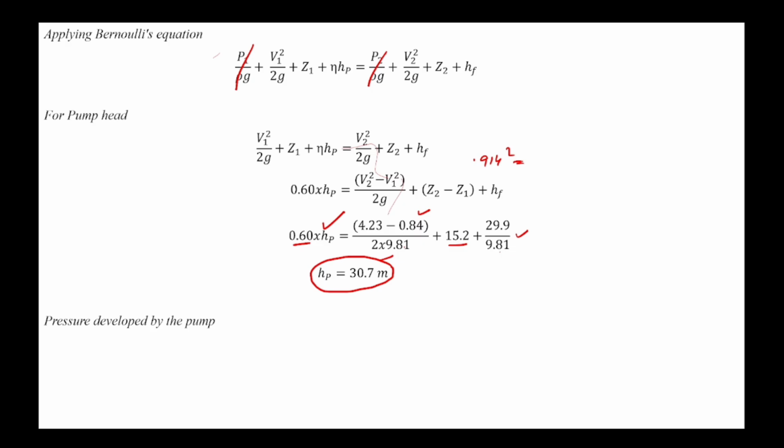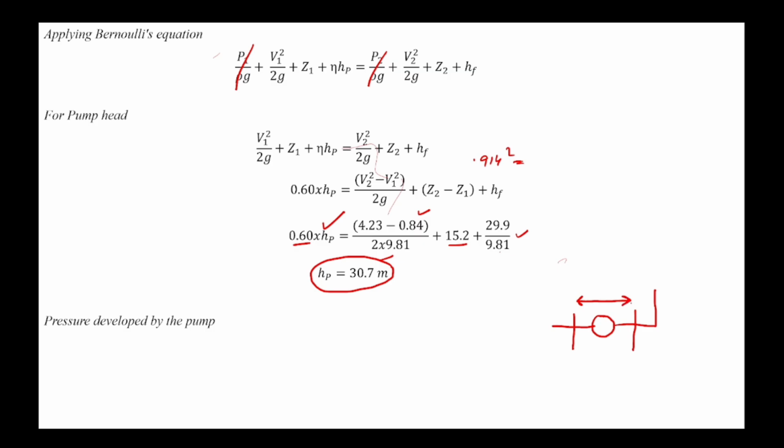Okay, now the pressure developed by the pump. Now this concept is important. When it is said the pressure developed by the pump, always remember the pressure developed by the pump is calculated only between these 2 points, very near points to the pump, in this section only.